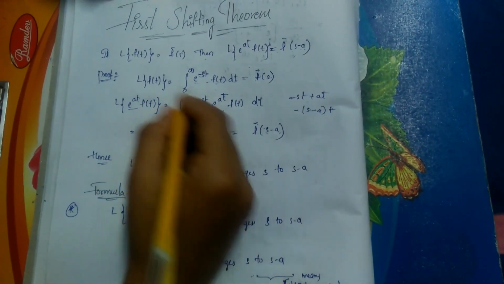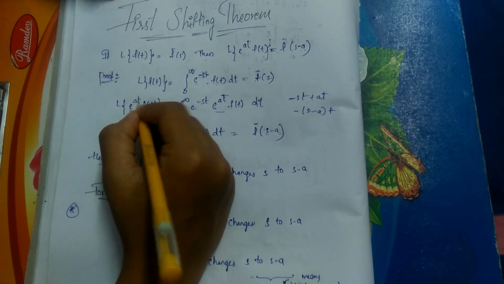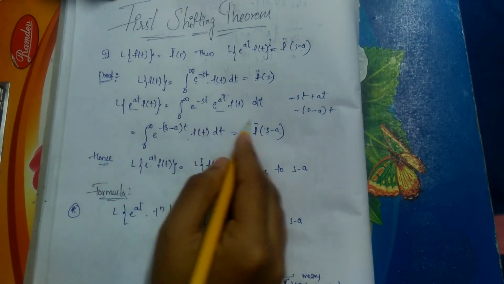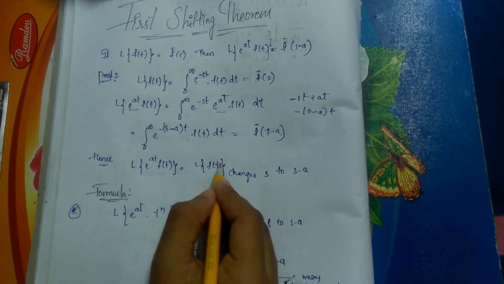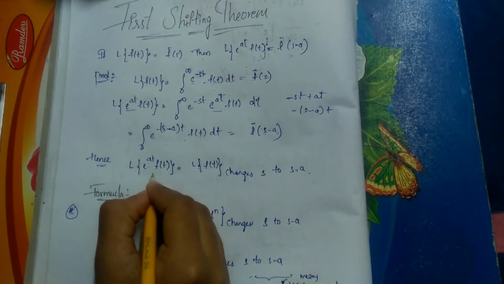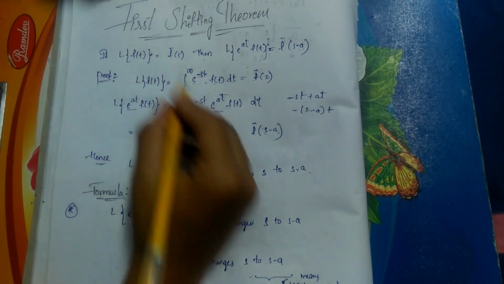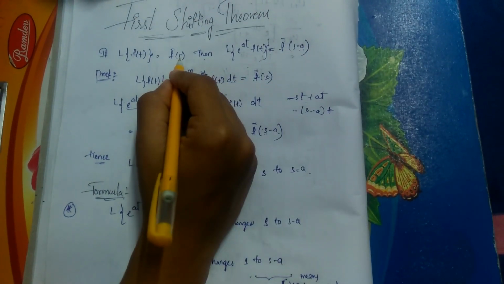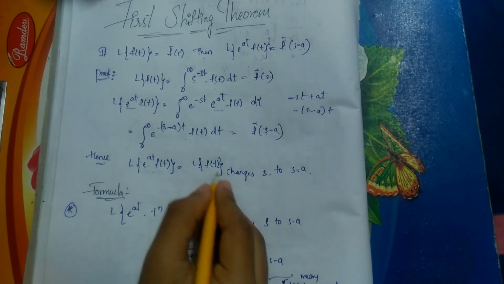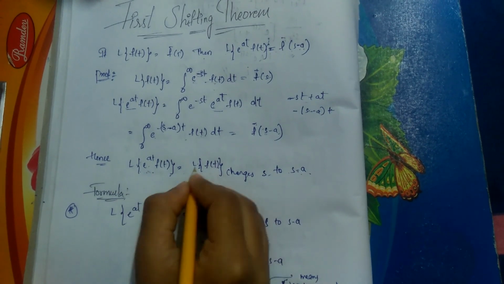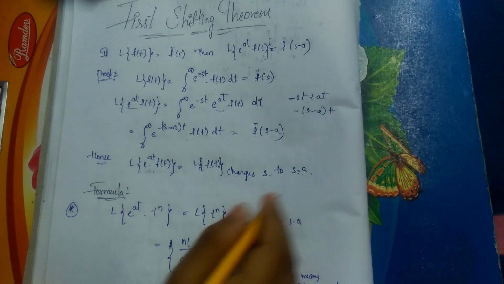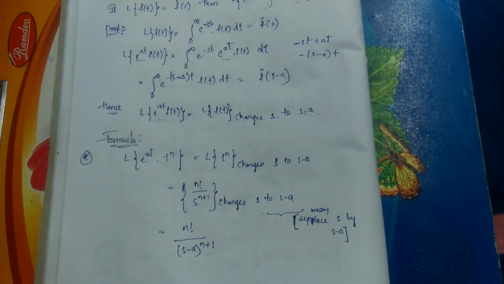So this is totally equal to the Laplace transform of e^(at) into f(t). Therefore, the Laplace transform of e^(at) into f(t) is equal to the Laplace transform of f(t) with s changed to s minus a. Here s is changing from s to s minus a, so this whole equation can be written as the Laplace transform of f(t) with s changed to s minus a.